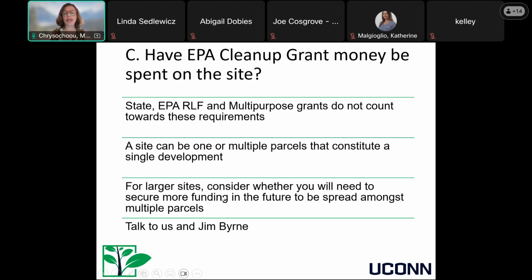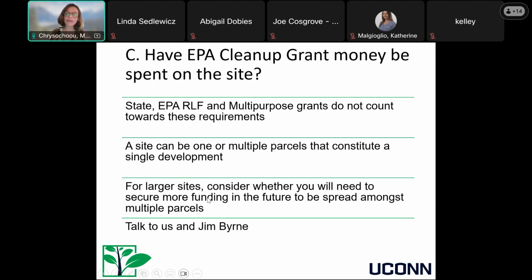And if you are dealing with a large site that has, for example, multiple buildings, then you might want to consider how you're going to define and present the site in your application, so that your additional buildings or additional areas of the site can be eligible to secure more funding in the future, spread amongst multiple parcels.